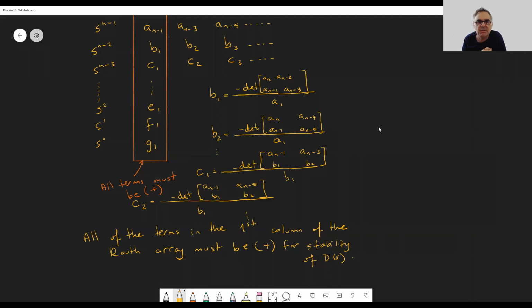It just shows that if the determinants are computed this way, eventually the array that is determined by this procedure is going to give a first column like this one, and if all the elements in the first column are positive, then D(s) is going to have roots with negative real parts.